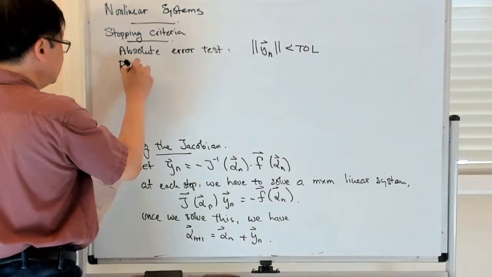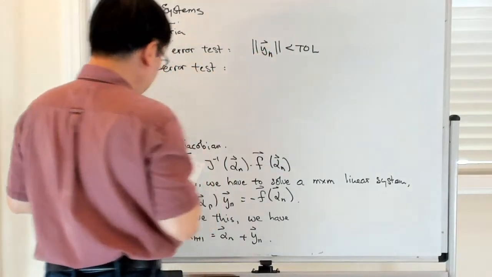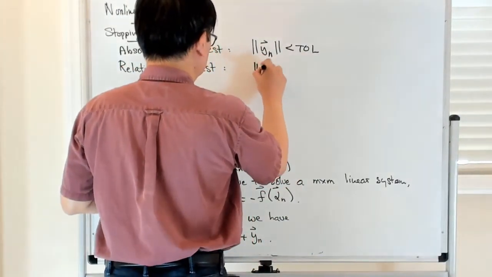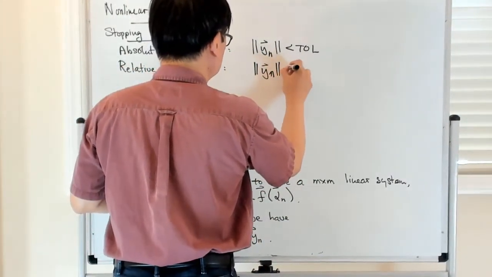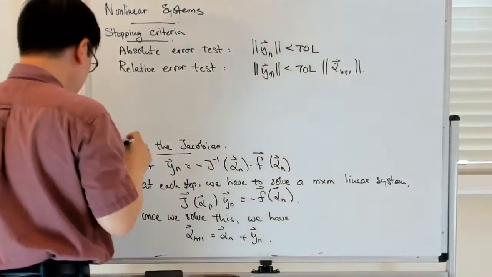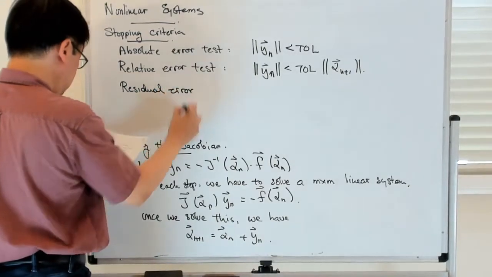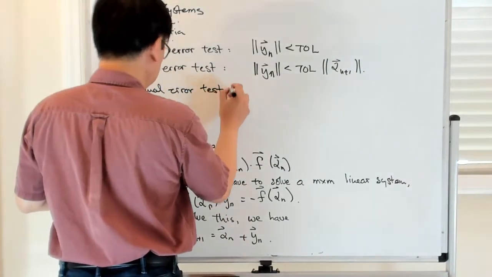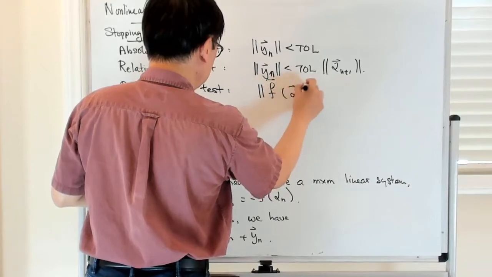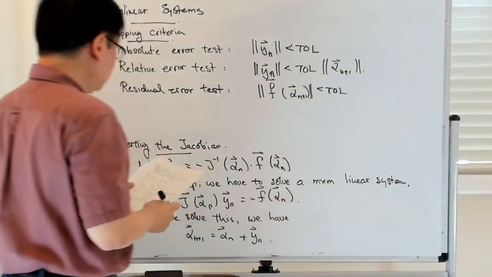There's some sort of relative error test, which is maybe that the norm of y normalized to alpha n plus 1 is not changing a lot. And then there's also the residual error, where you look at f evaluated at alpha n plus 1 and require that it is less than some tolerance. So those are some possible stopping criteria.